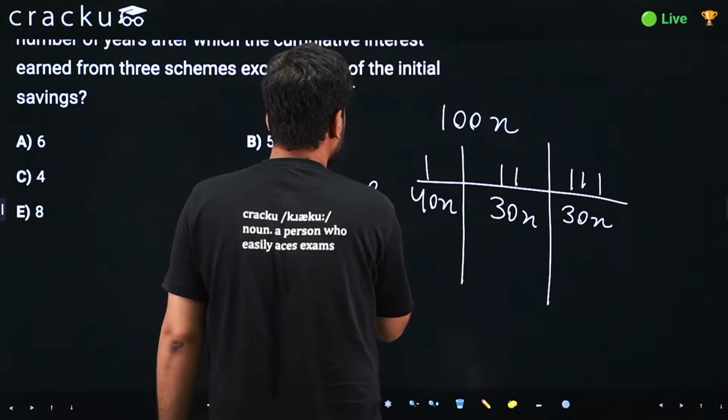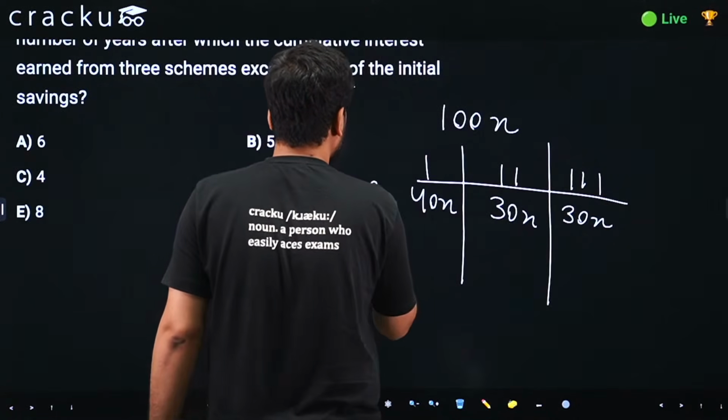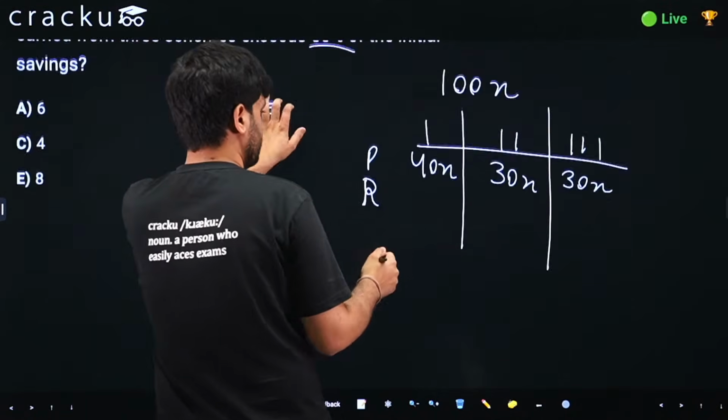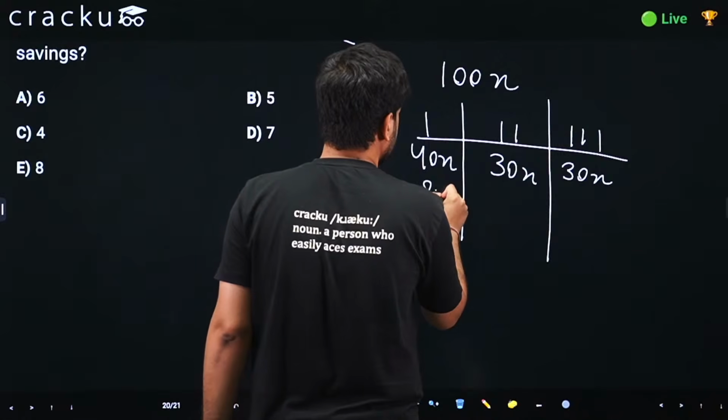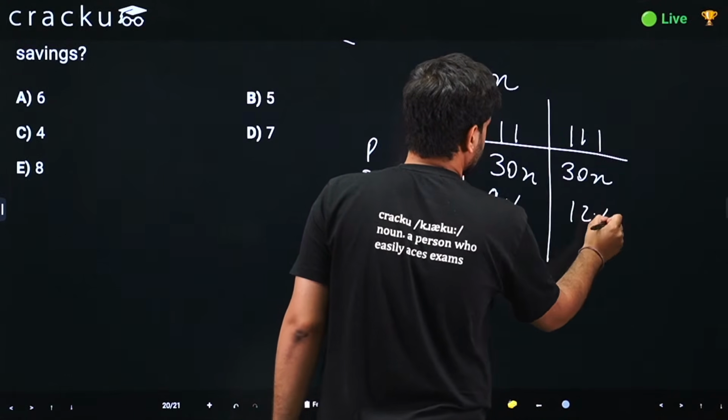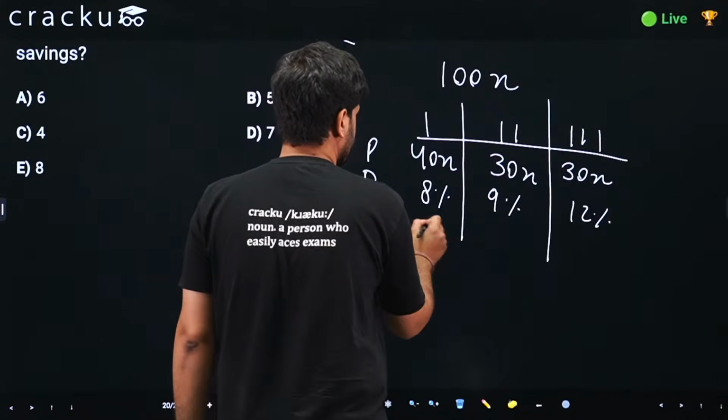What is the rate of interest here? Rate of interest is 8, 9 and 12, so this is 8%, 9% and 12%. So what would be the absolute interest?